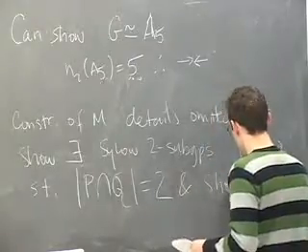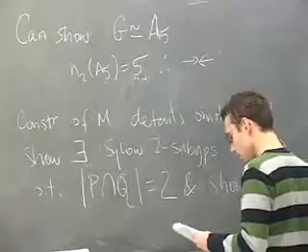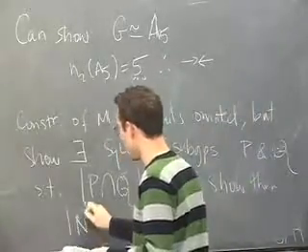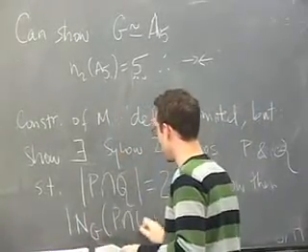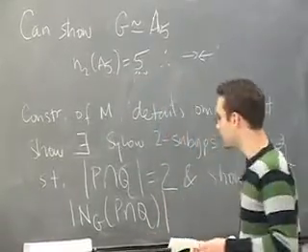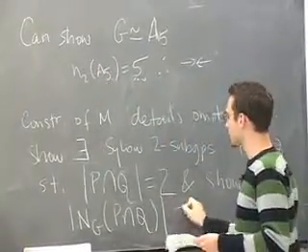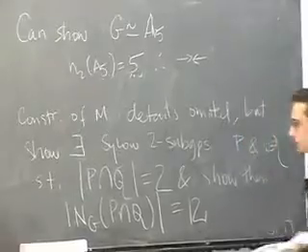And show then that the order of the normalizer of P intersect Q, the order, not the index, must be 12.